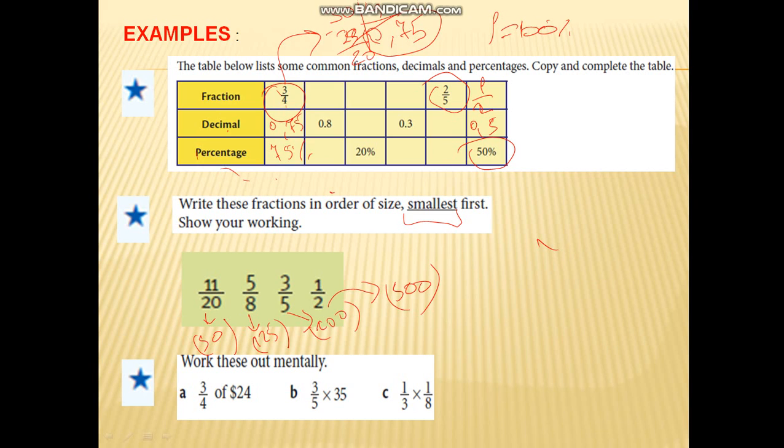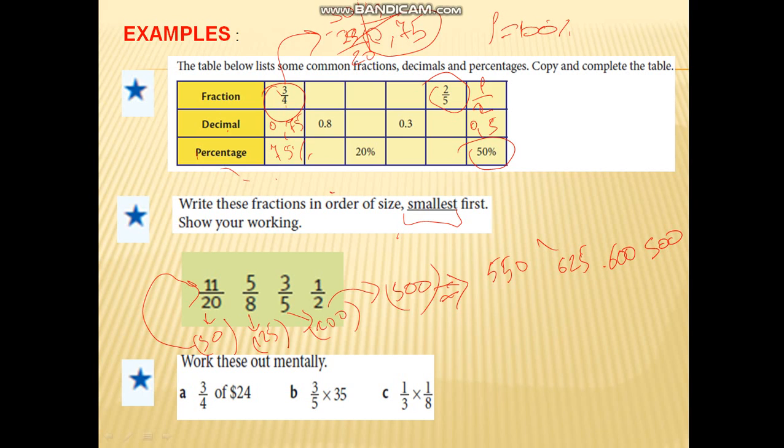Now we have the same denominators, and we should also multiply the numerators by the same value. 50 times 11 is 550. 125 times 5 is 625. 200 times 3 is 600, and the last one is 500.